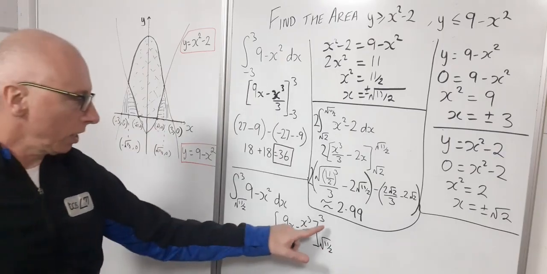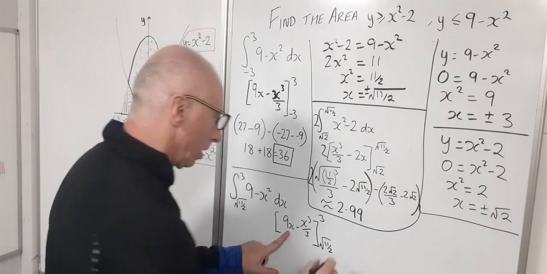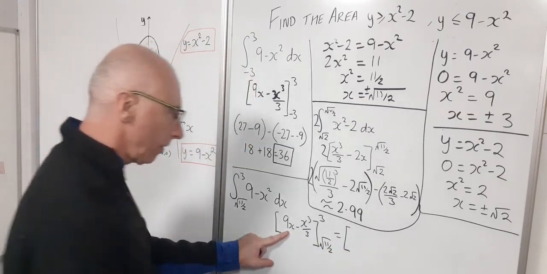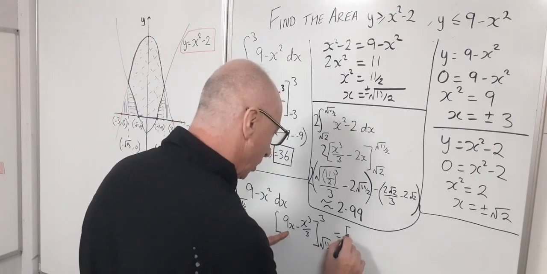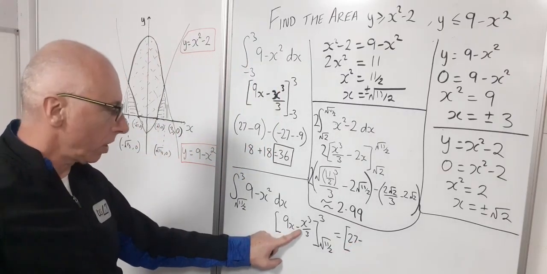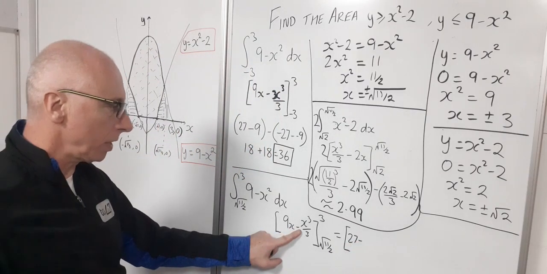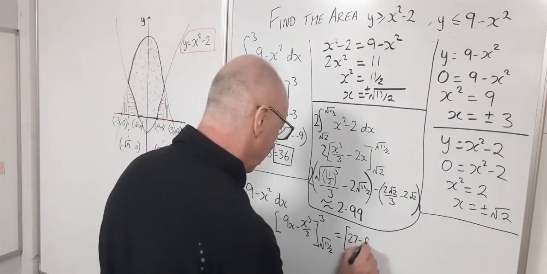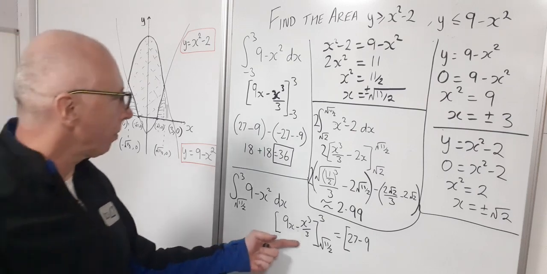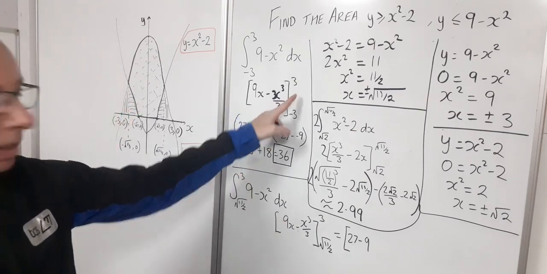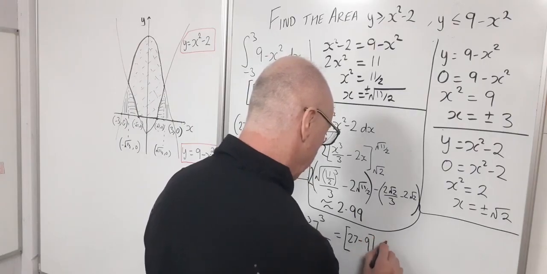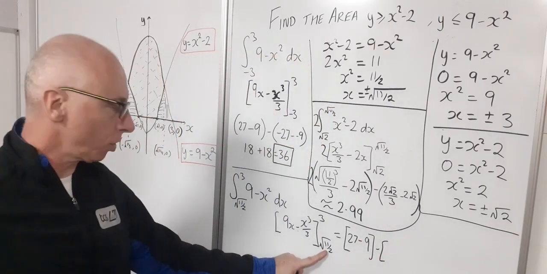Let's plug in 3: 3 nines are 27, so I've got 27 minus 3 cubed, that's 27 over 3, which gives me 9. That's the first part at 3. Pretty much the same as what we did here, but now the lower bound changes.